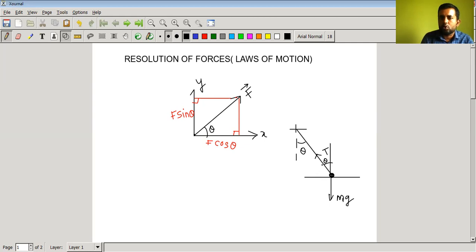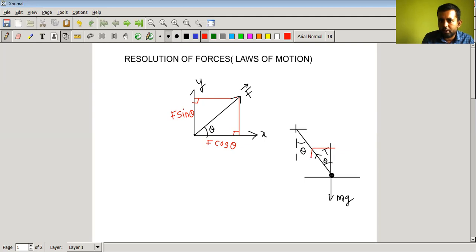If I drop a perpendicular from here on this, this will be the x component of tension.